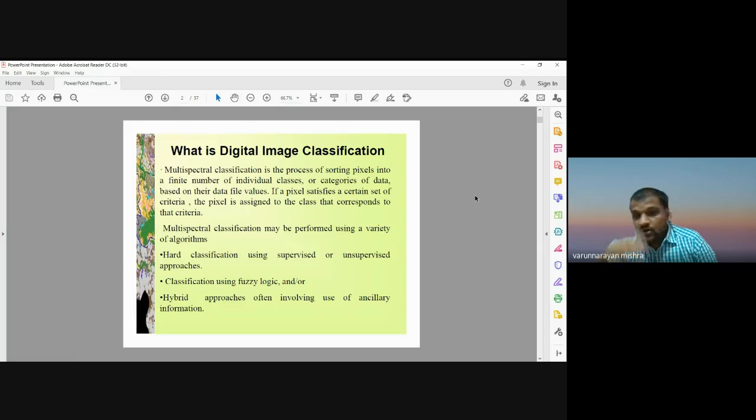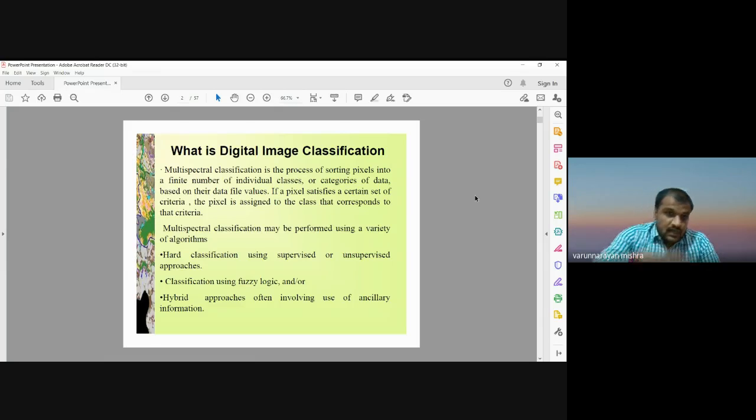Each and every image has pixels, and each pixel has a fixed value known as the digital number value, DN value, or brightness value. Whatever the pixel value is, it represents a specific class or specific land cover feature.